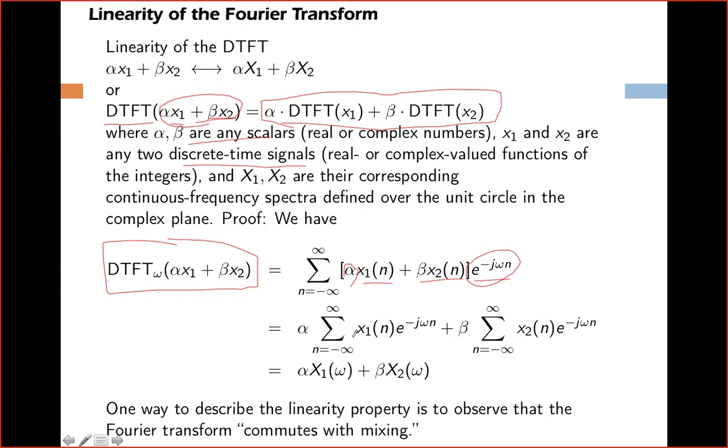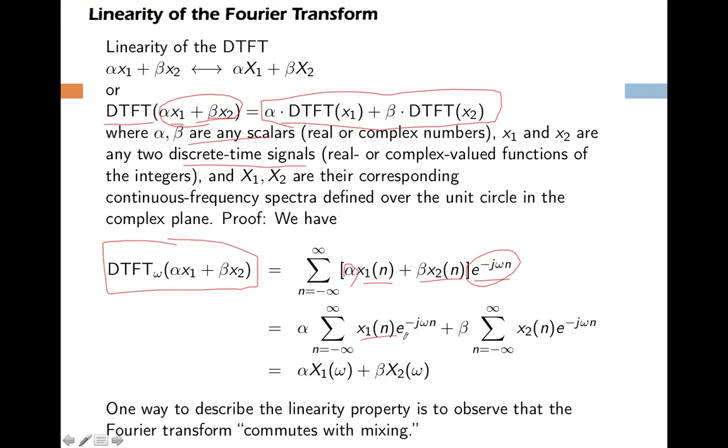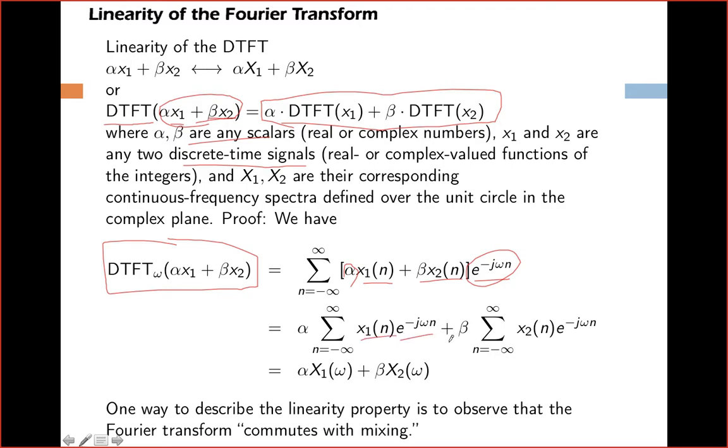So when I am doing that, I will get alpha into summation n equal to minus infinity to plus infinity x1 of n into e power minus j omega n, plus beta into summation n equal to minus infinity to plus infinity x2 of n into e power minus j omega n. This is nothing but X1 of omega, and the second term is nothing but X2 of omega.